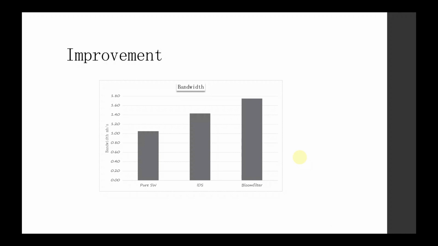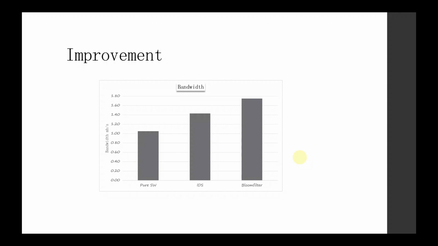From the table, we can see that the average bandwidth for purely software is 1.05, for the mini IDS it is 1.43, and for the Bloom filter it is 1.75, and the unit is megabits per second.